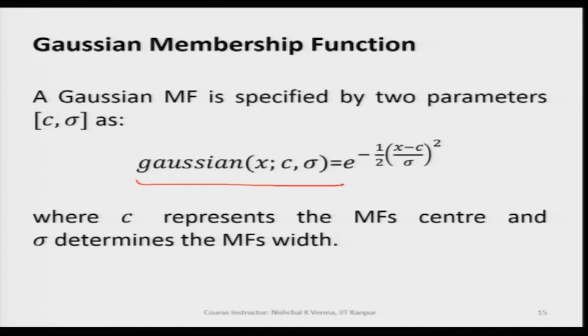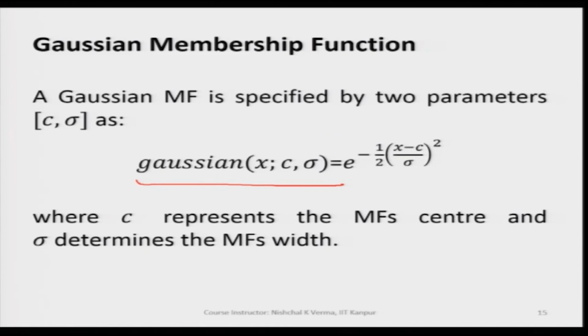This is equal to e raised to the power minus 1 by 2 times the quantity x minus c over sigma, whole squared.